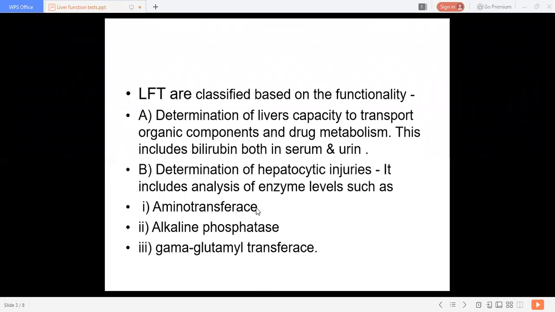The first one is AST, that is aspartate aminotransferase.